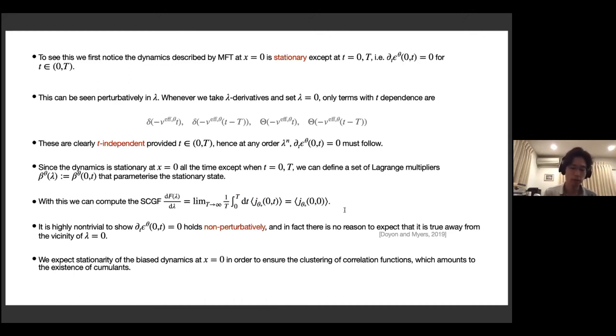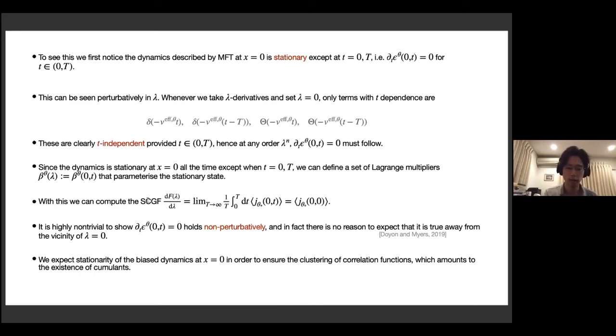So for the sake of having cumulants that are not blowing up, it was assumed and also shown that the stationarity of dynamics is satisfied in BFT, and you can also show this here, but just to say that it's not really necessary to have this non-perturbativity. I mean, you really only need to show it in the vicinity of lambda equals 0.